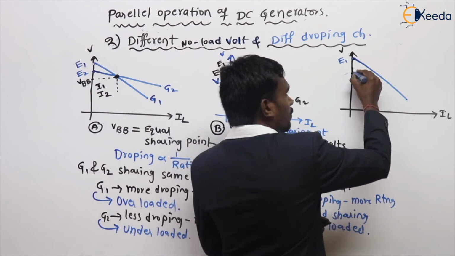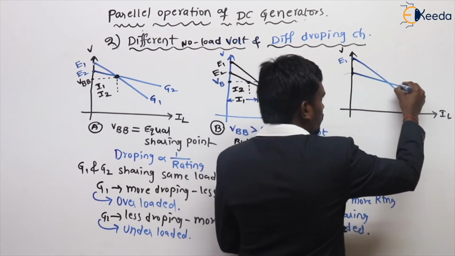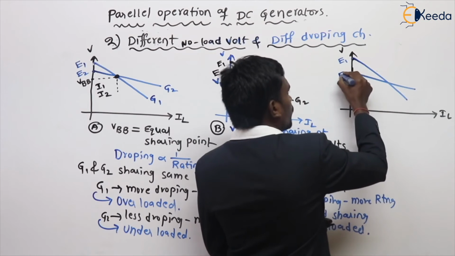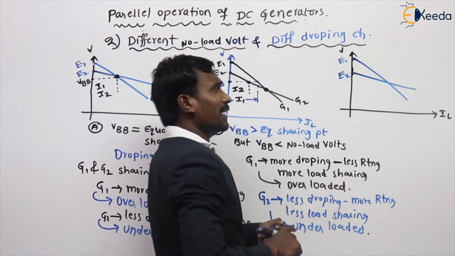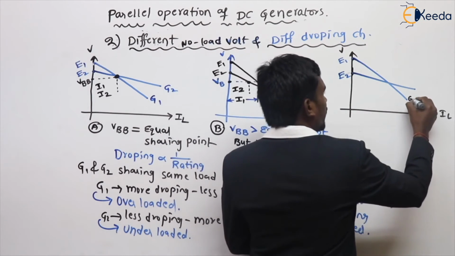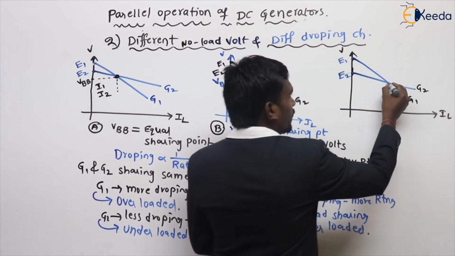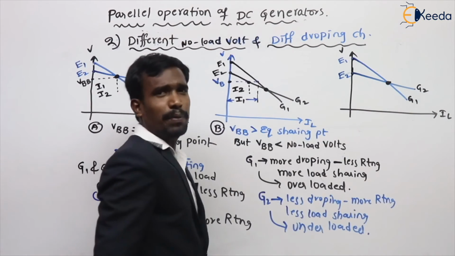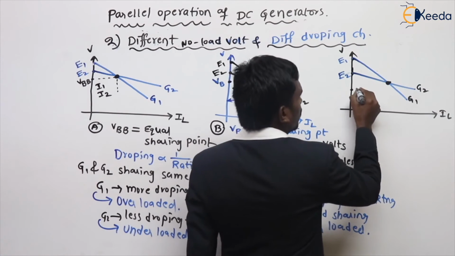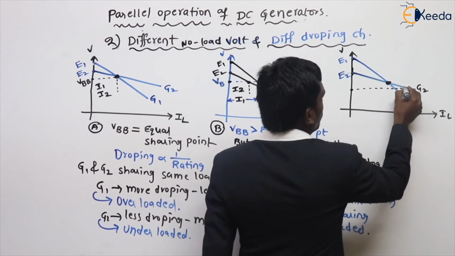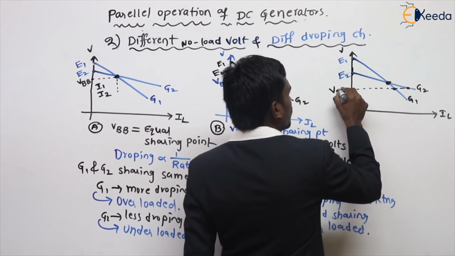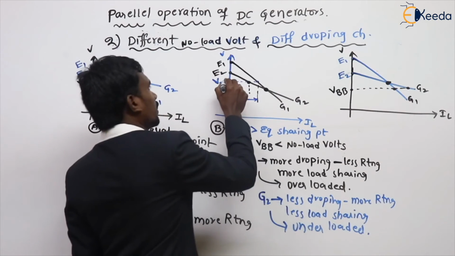For example, this is E2. Where is my generator 1? This is my generator 1 and this is my generator 2. This is the equi-sharing point. For example, this is my bus bar voltage.